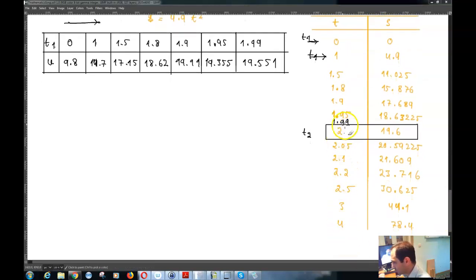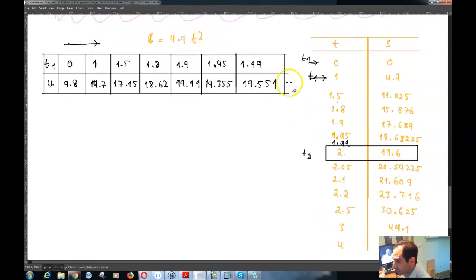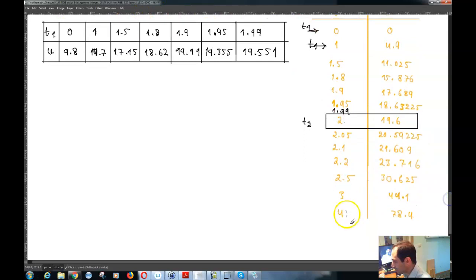Meaning that at t is equal to 2 seconds, the distance is known to me, and for some other points in time after t is equal to 2, I have some data as well, based on the formula that I had, and so I can calculate some average velocities for this side as well.